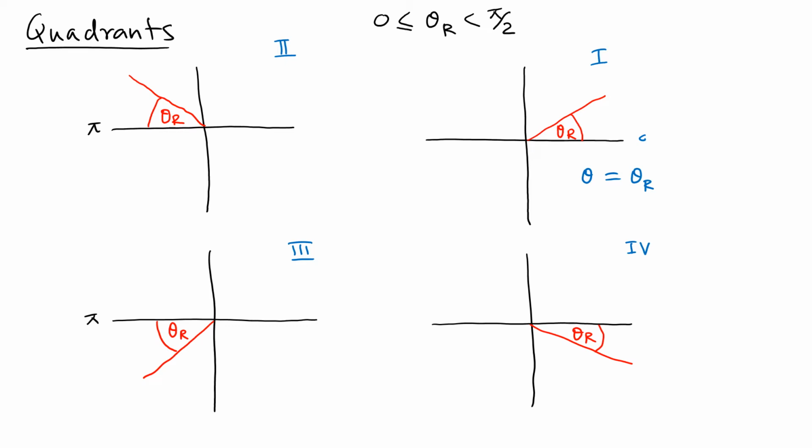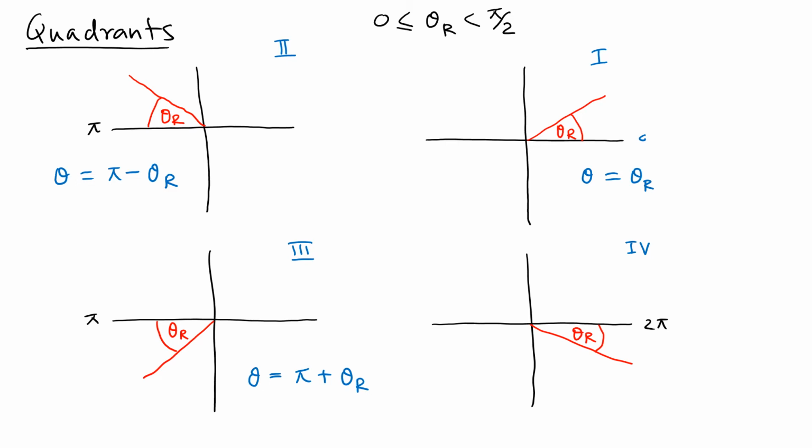This is 2 pi. In quadrant 2, your value is simply theta equals pi minus the reference angle. For quadrant 3, theta is simply pi plus the reference angle, because it is pi and a little bit more.